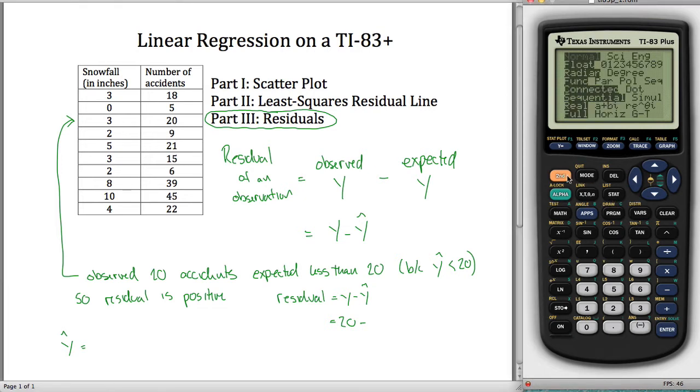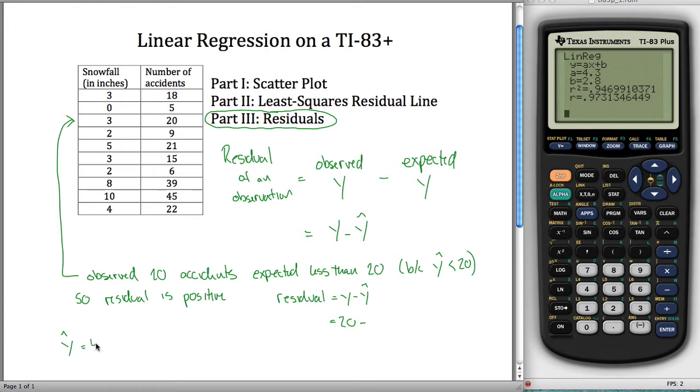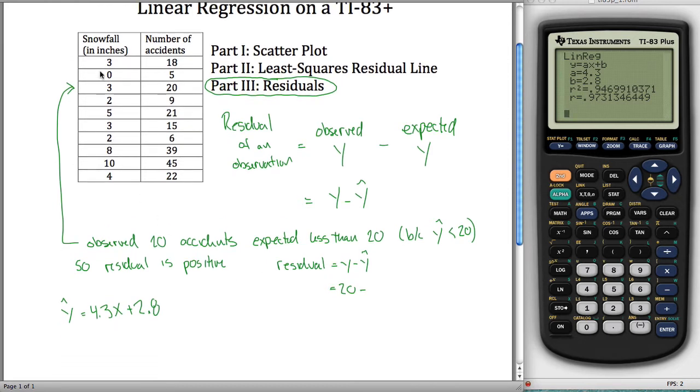I figured out that my linear regression line was 4.3x plus 2.8. So what this line does is it says for any x value, in this case 3, I can figure out how many accidents I expect. So 4.3 times 3 is 12.9, and 12.9 plus 2.8 is 15.7.